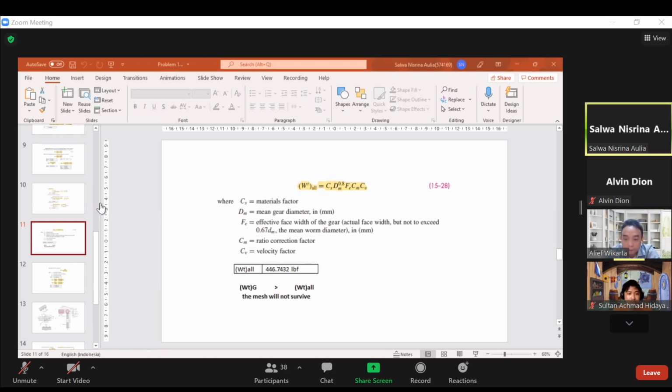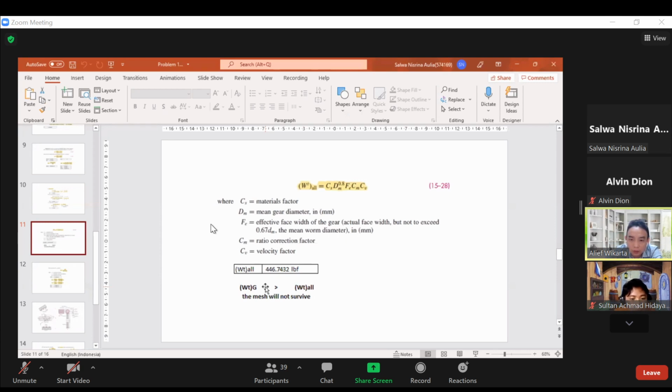So from the problem, if we know that the tangential force in the gear is lower than the allowable tangential force, we can calculate the lifetime of the worm.